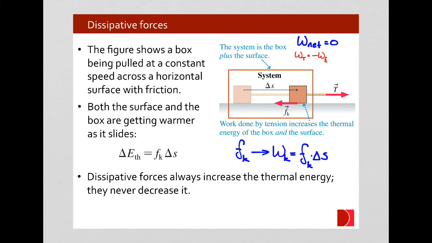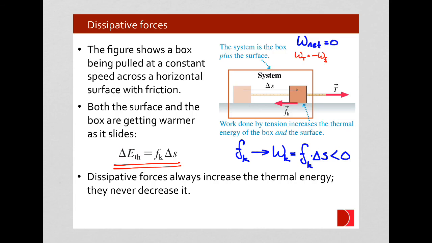And what that means is that energy is being taken out of the system. It's being taken away from the block. And energy can't be created or destroyed. Energy has to be conserved. And so where does that energy go? That energy that's taken away from the kinetic energy of the block goes into the thermal energy of the block or the surface.